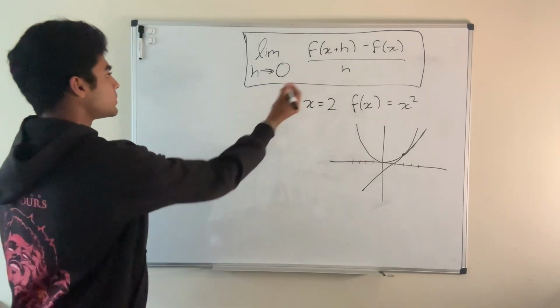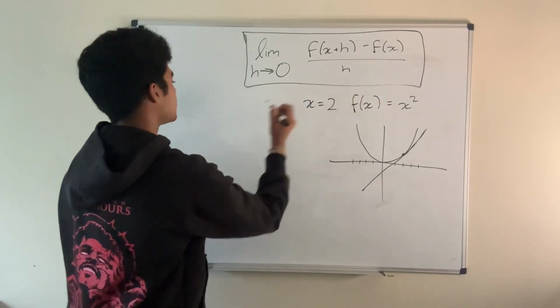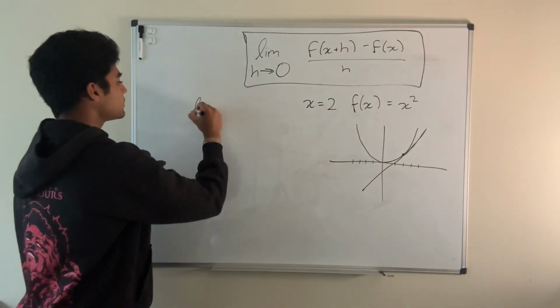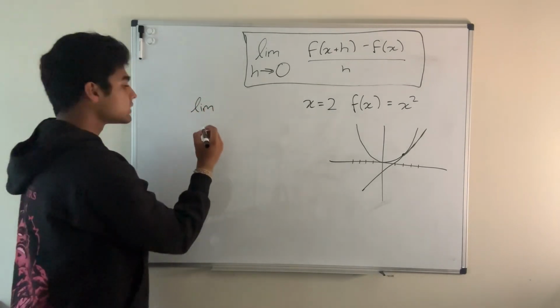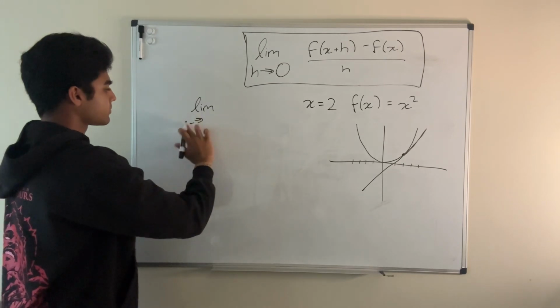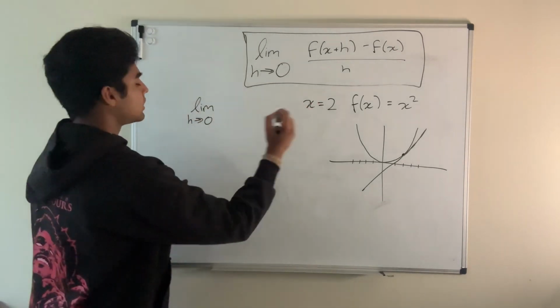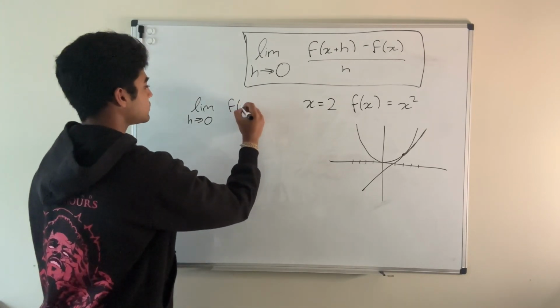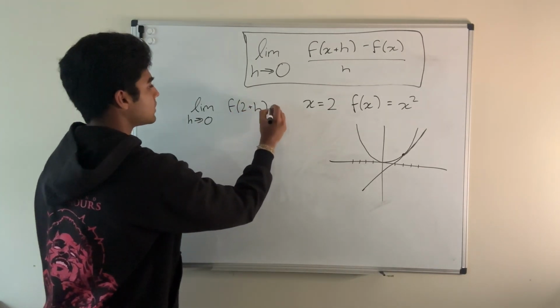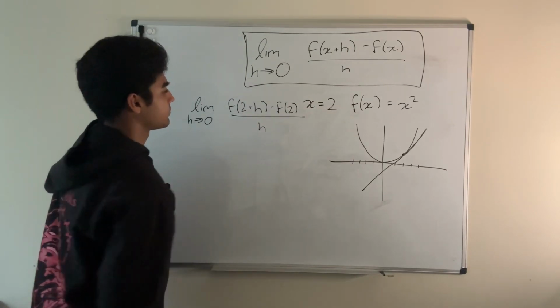So we can take this equation and plug in 2 wherever we see x, right? So the limit as h approaches 0 of f of 2 plus h minus f of 2 all over h, okay?